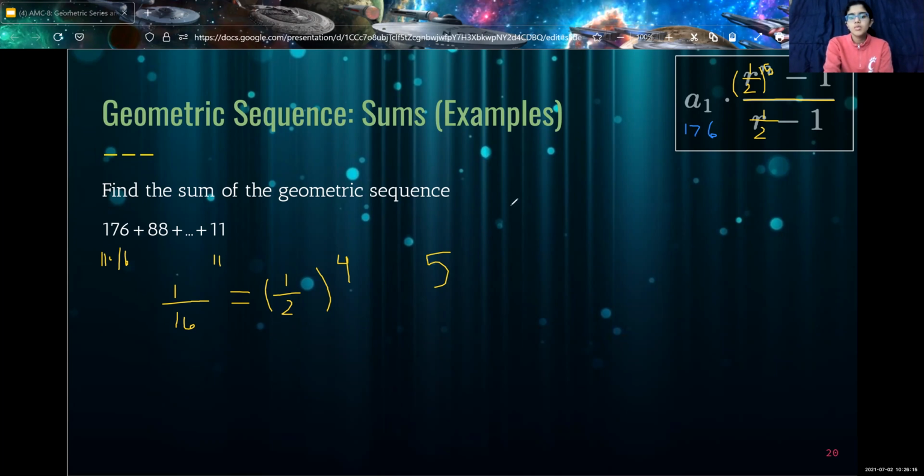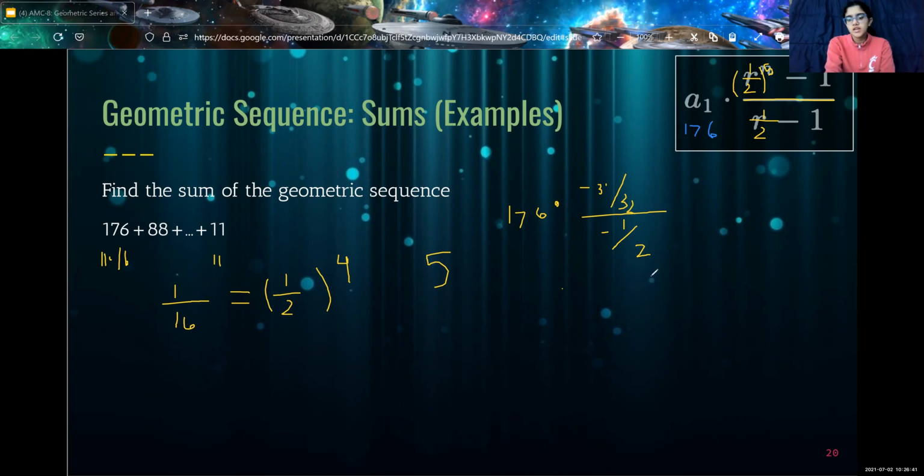So we would get 176 times negative 31 over 32, over negative 1/2, right? And this would just be equal to negative 31 over negative 16, right?